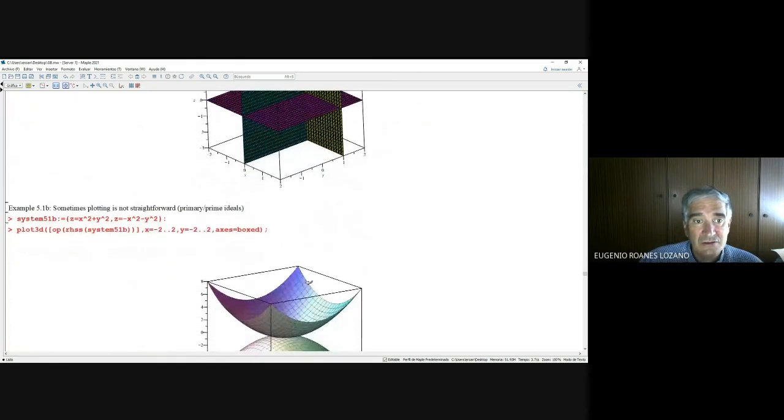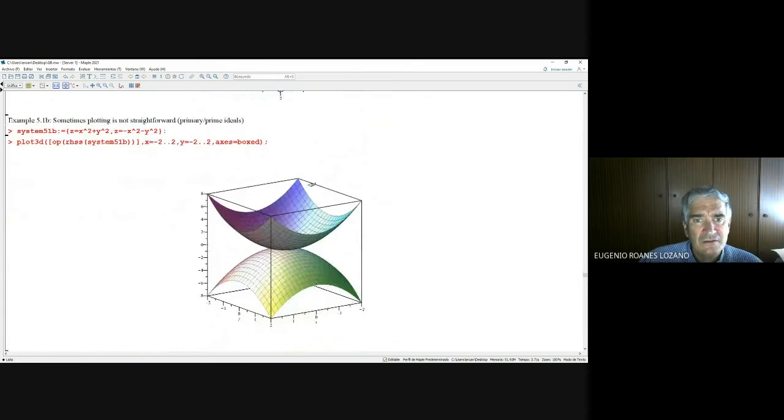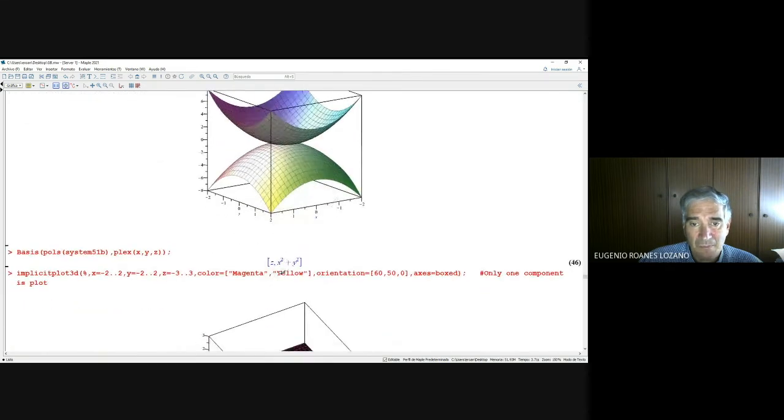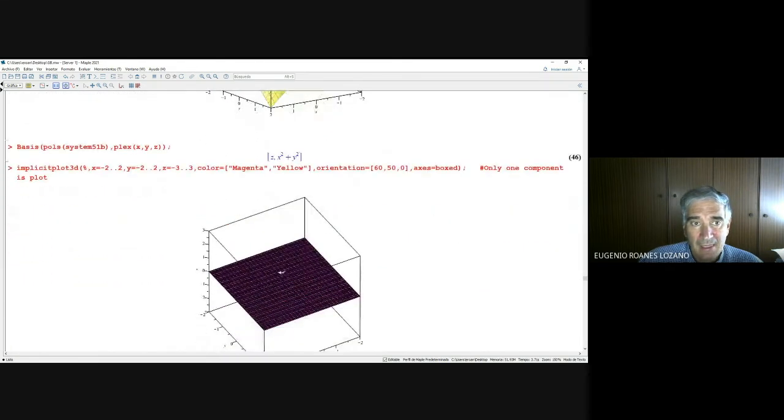Sometimes it's not so straightforward. For instance, if we only consider the three elliptic paraboloids of the previous example, and we obtain this as a solution, this is in fact the Gröbner basis, a simpler description of the system.